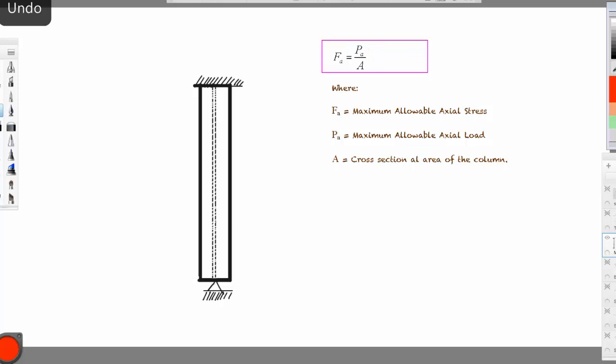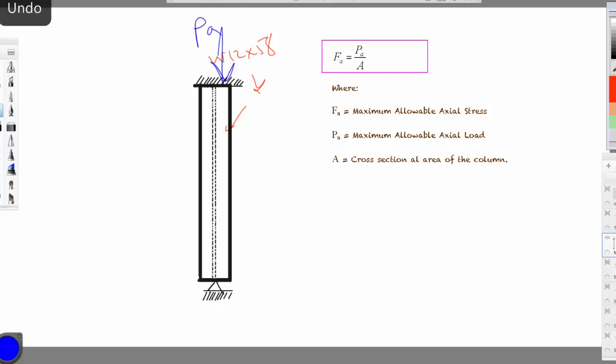Now the question in the design of columns will always be that we are given certain measurements for the section, say this is W12 by 58, and the question is how much axial load this column can take. How much is this axial load capacity? How much is P_a equal to? As you know, this is the maximum axial stress, and this is the cross-sectional area.